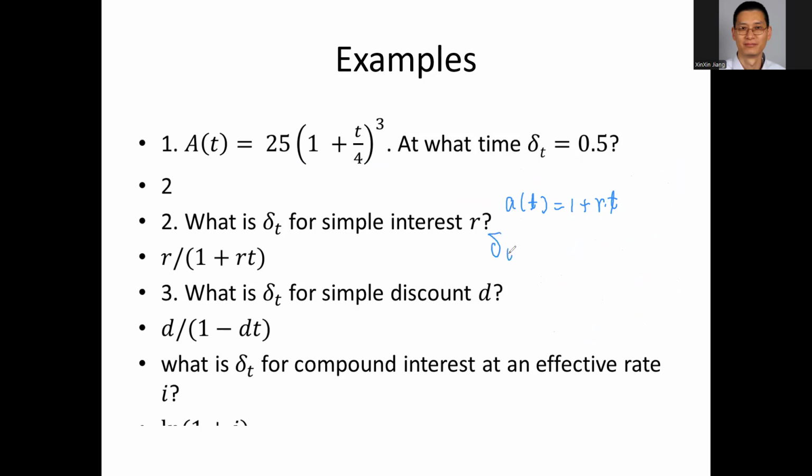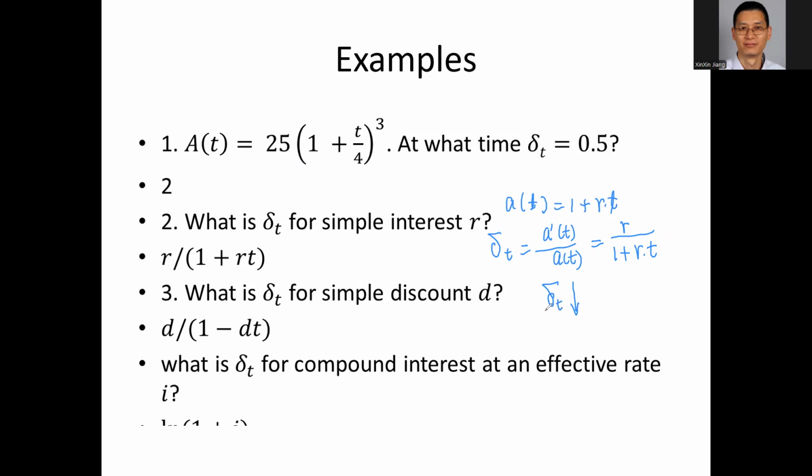So δ_t equals a'(t) divided by a(t). a'(t) equals r, and the denominator is 1 + rt. Now I want you to notice that this δ_t is decreasing with respect to t. So when t gets bigger, δ gets smaller.